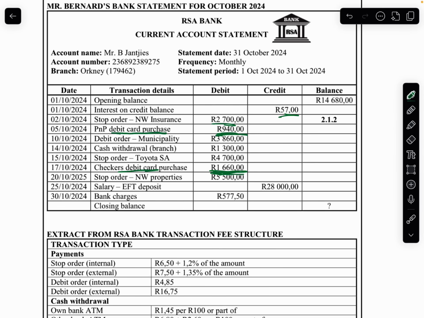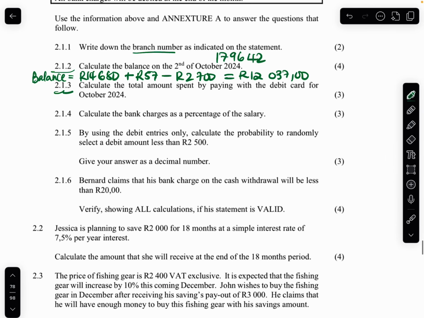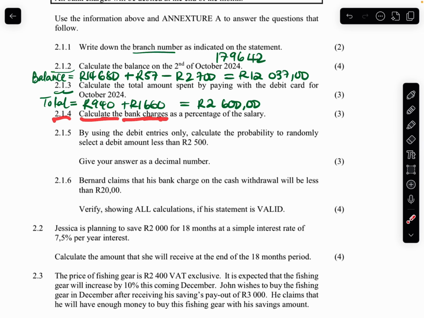So 940 plus 1660. When you punch that in the calculator, it's going to be 2600 rands. Sorry, guys.